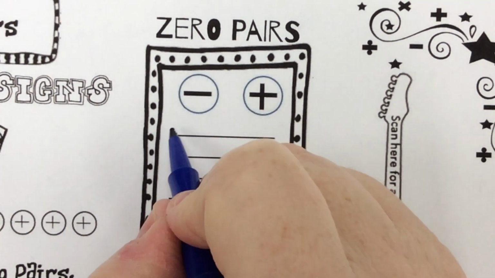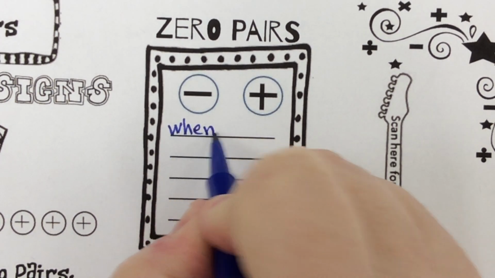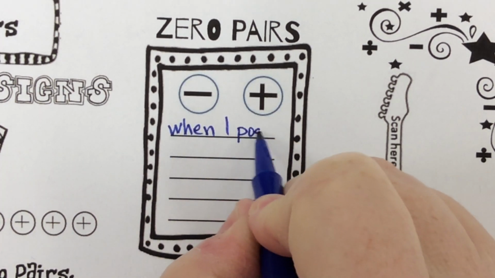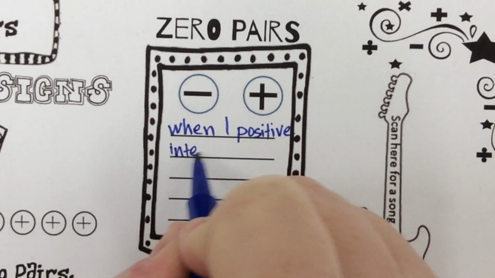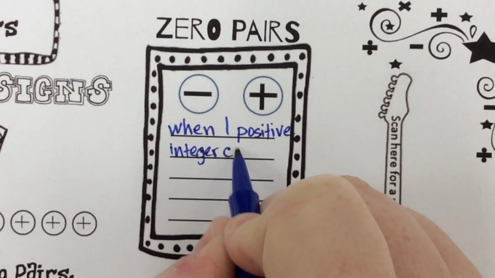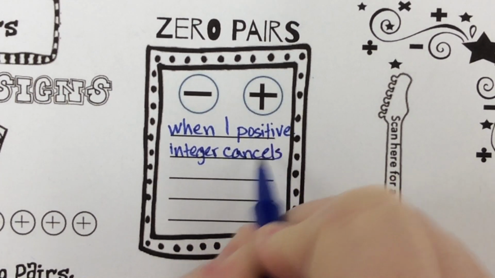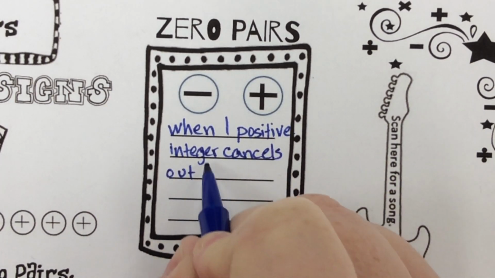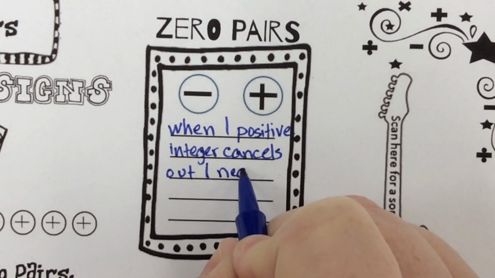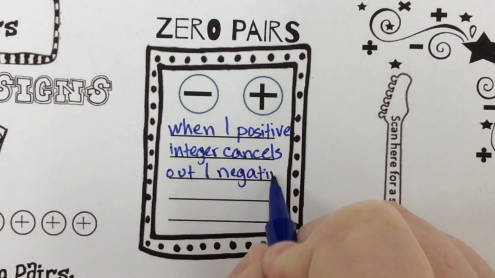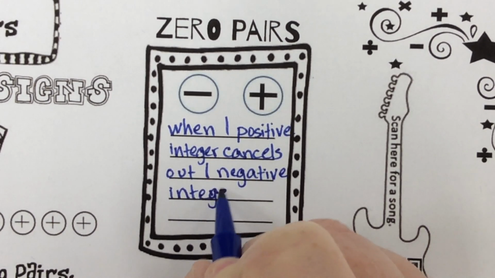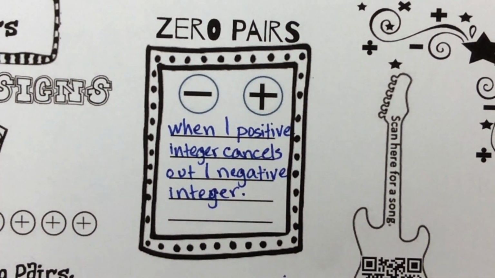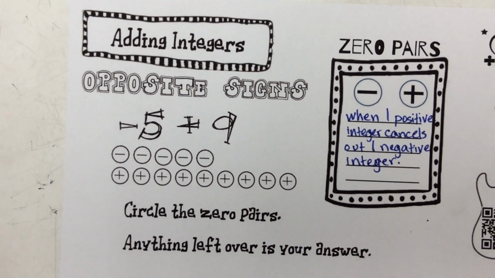A 0 pair is when one positive integer cancels out one negative integer. Okay, that's kind of like the red and the yellow army men when the two of them both kill each other at the same time, right?